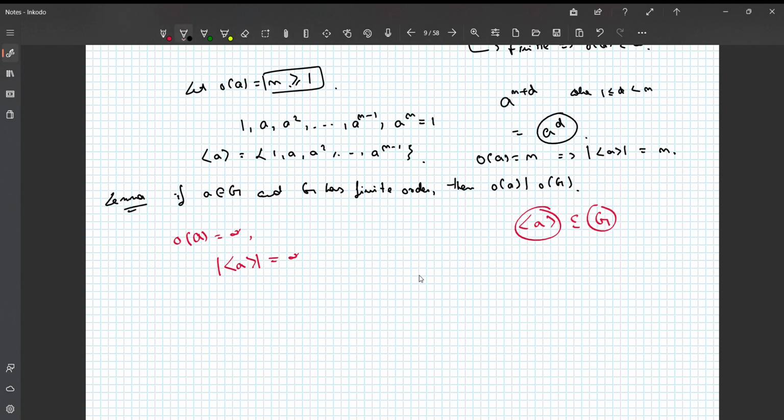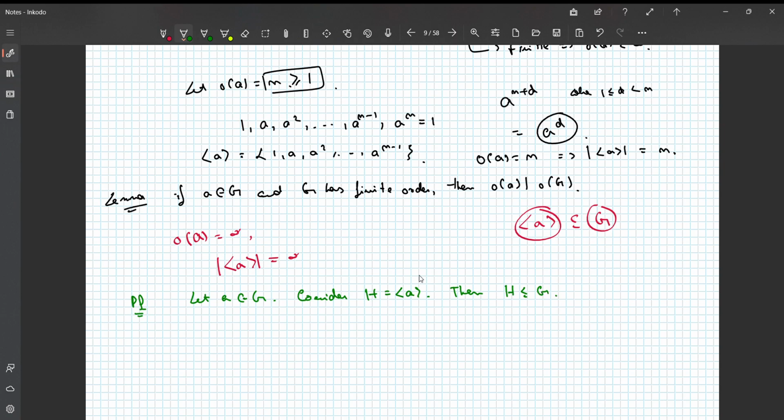Okay. So if I try to prove this statement, the proof is pretty simple. So let A be in G. Consider H to be the cyclic group generated by A. Then H is obviously a subgroup of G, right?